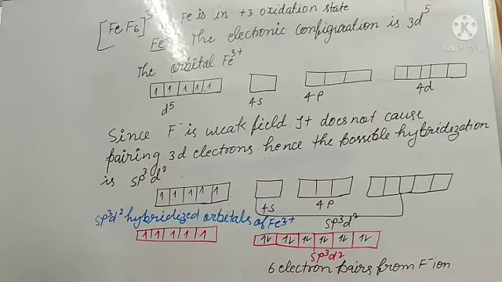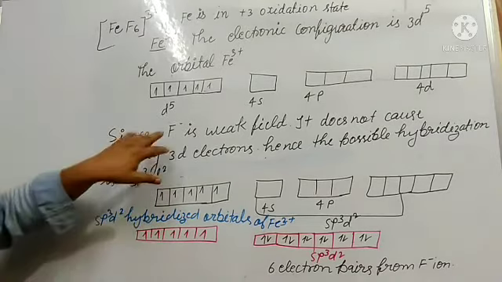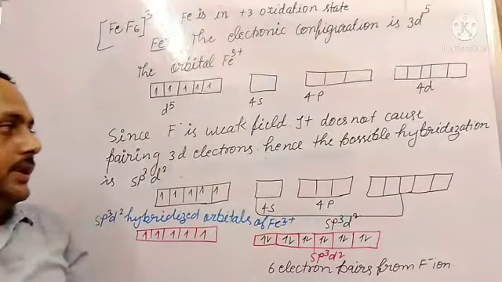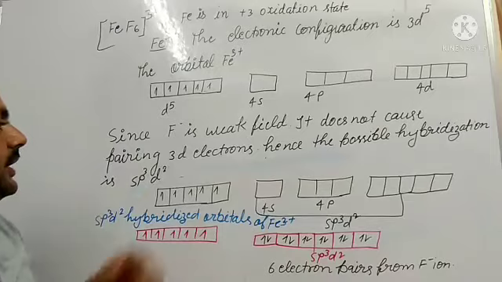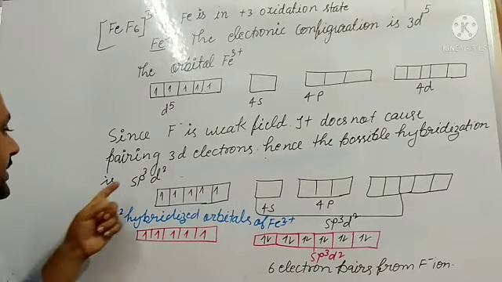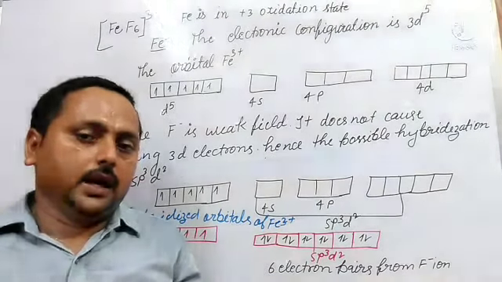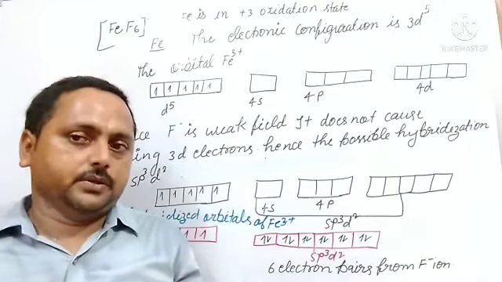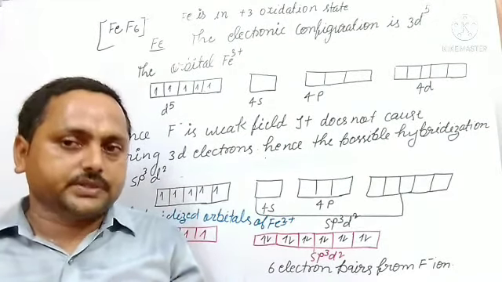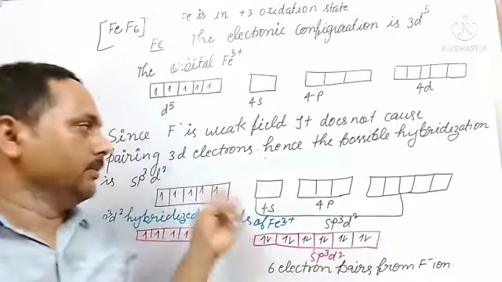So here we have seen that this ligand F- ion is a weak field ligand, so it does not cause pairing of 3d electrons. Hence the possible hybridization is sp3d2, because the central metal ion is surrounded by 6 ligands, so that will use 6 orbitals, and the coordination number is also 6.